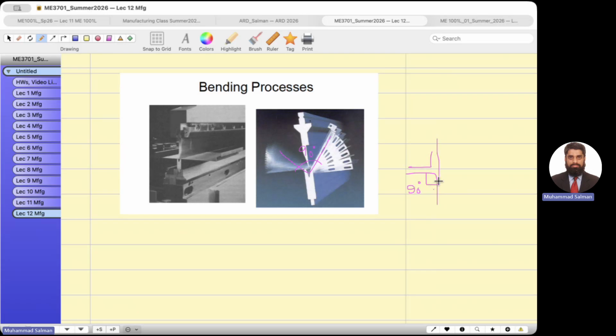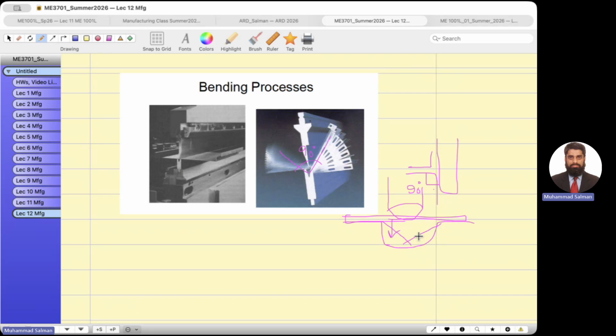The punch comes here, and it can be a die like this, and then the sheet metal is placed over here. Okay, this is the sheet metal and the punch comes down, and this is the radius. It pushes it downward into the die. This could be a V-shaped die.